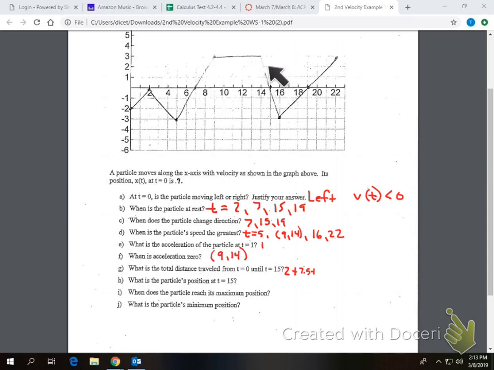Everybody find the area from 7 to 15 for me. I would break it up into triangle, rectangle, triangle real quick instead of doing half the height times the sum of the two bases.